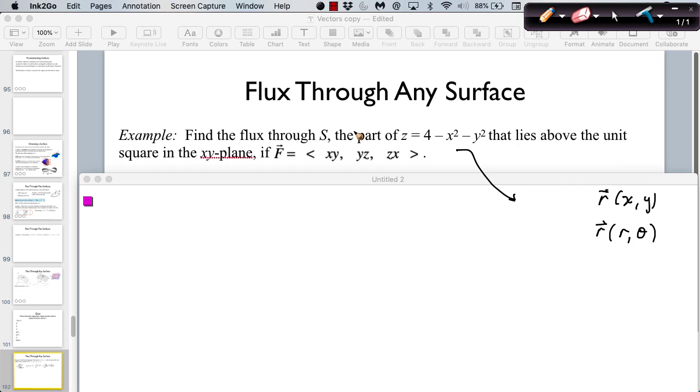It has to do with what part of this surface we're taking. And what part are we taking? Unit square in the xy plane. So how do we want to work with that? Do we want to work with x and y or r and theta? R and theta, have fun, right? A vertical line and a horizontal line in the polar plane.